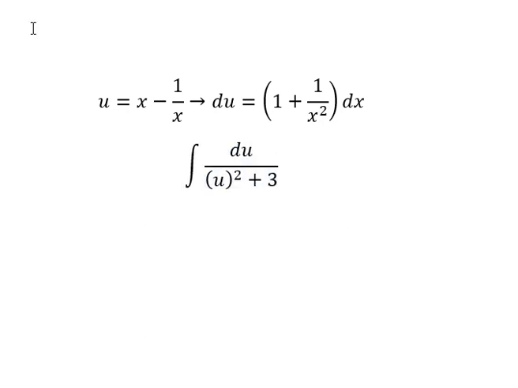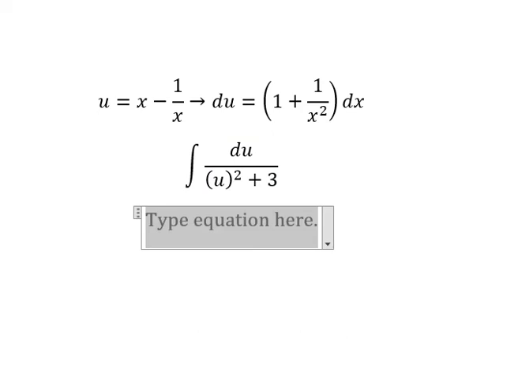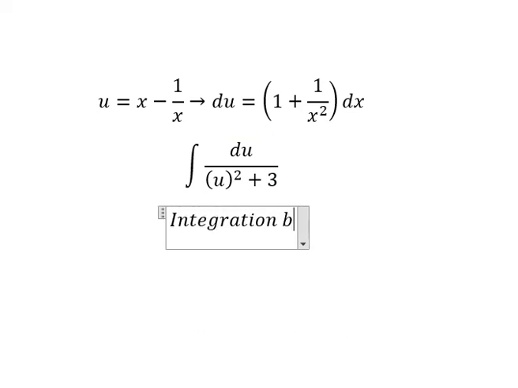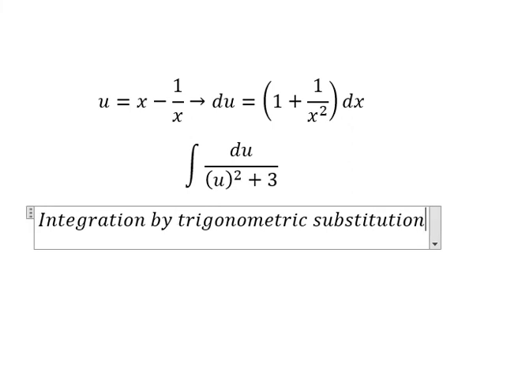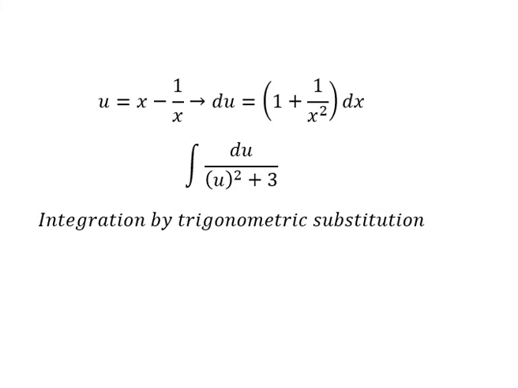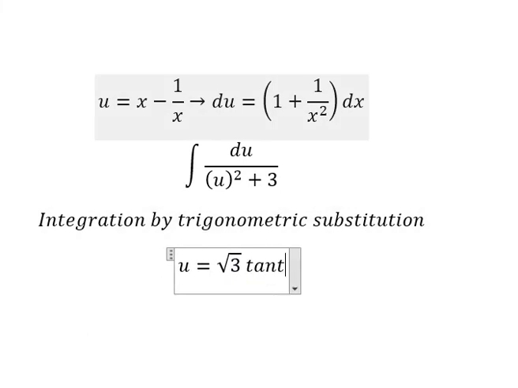Next, we need to use about integration by trigonometric substitution. So I will put about u equals to the square root of number 3 tan t. Because if we put this one go in here, we have 3 tan t square.